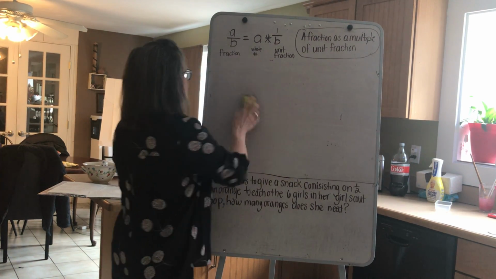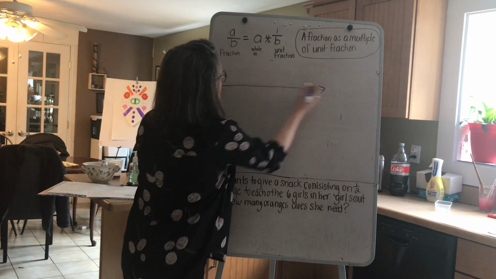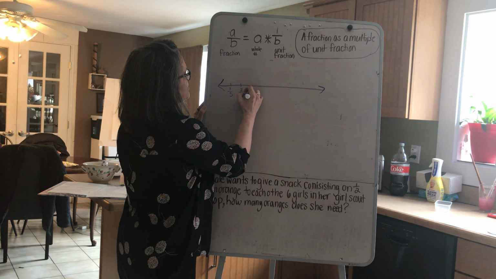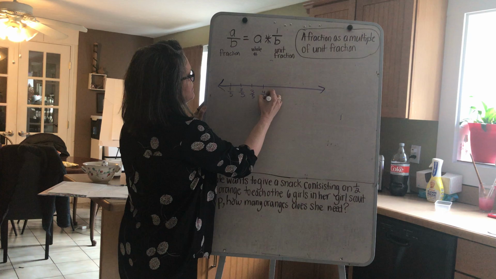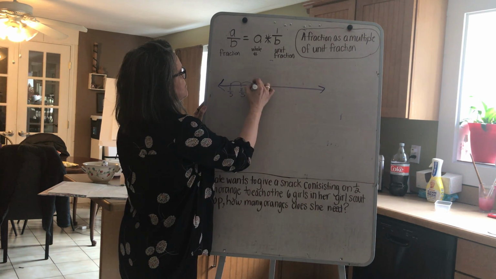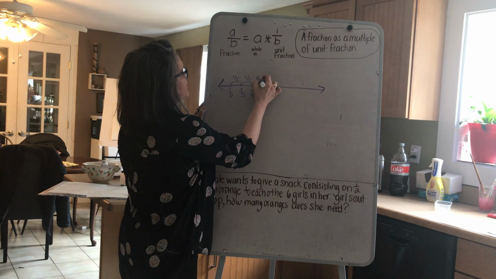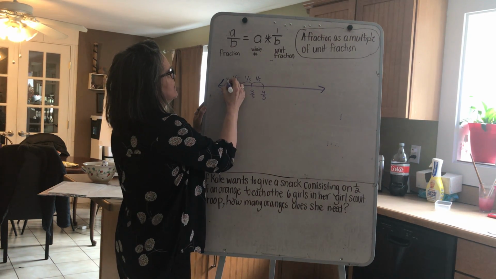Sometimes they might show it as a number line. So they're just going to show it to you that way too. So they might show 1/5, 2/5, 3/5, 4/5. Well, I guess I should start at 0/5. So, all right.